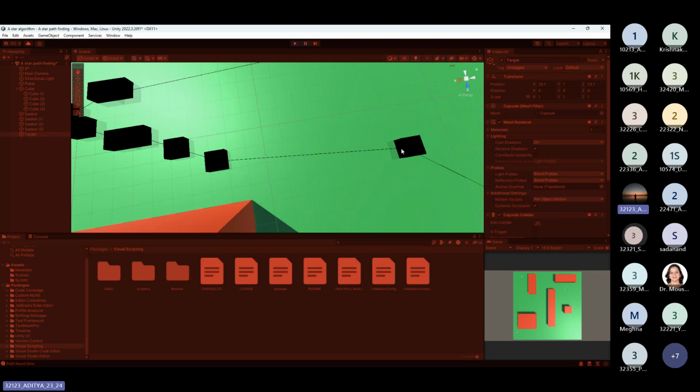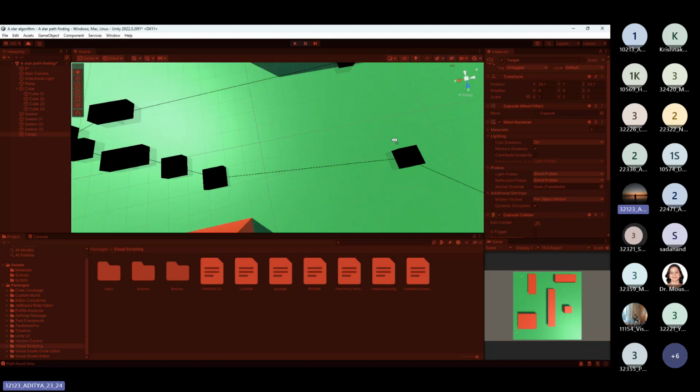It will only save the path where the enemy needs to take a turn. So here the enemy needs to turn and here the enemy needs to turn. Only these two points are saved and the enemy moves in a straight line from here to here, and the middle nodes are ignored and can be erased from memory, so memory can be saved.